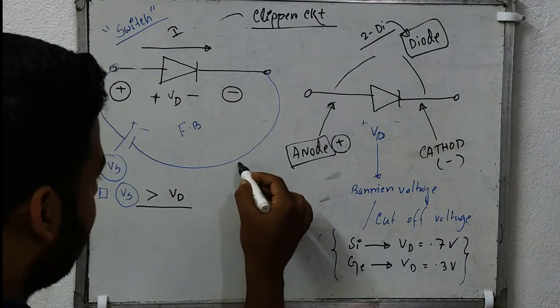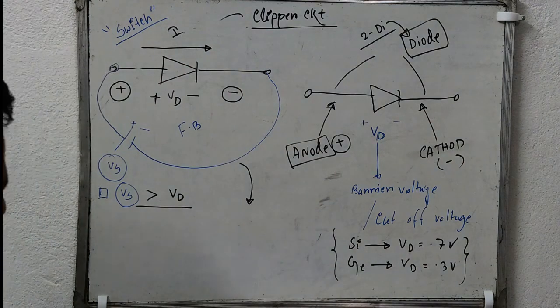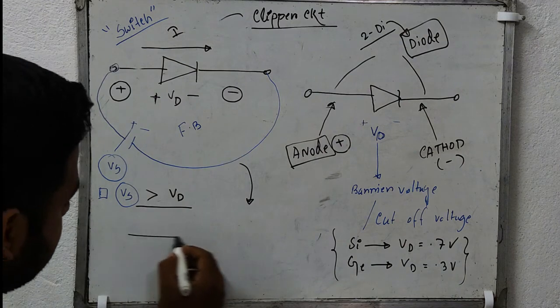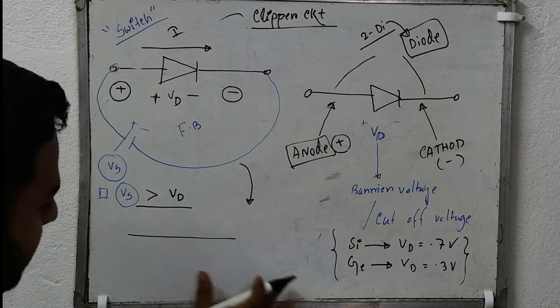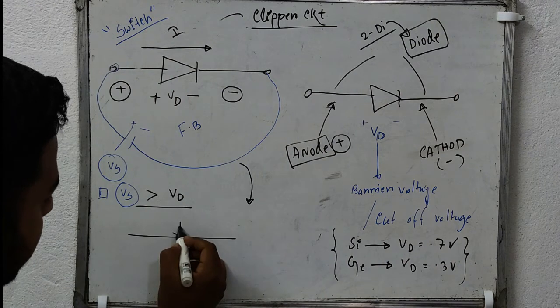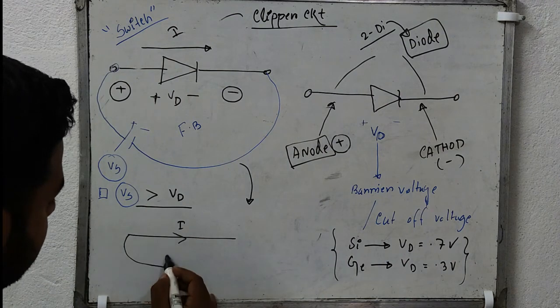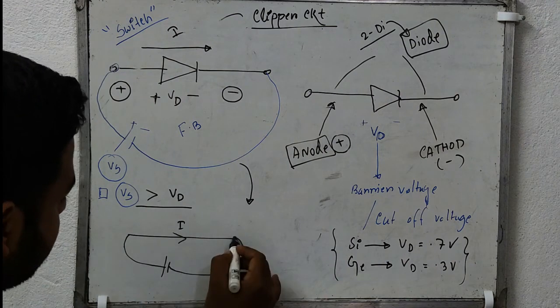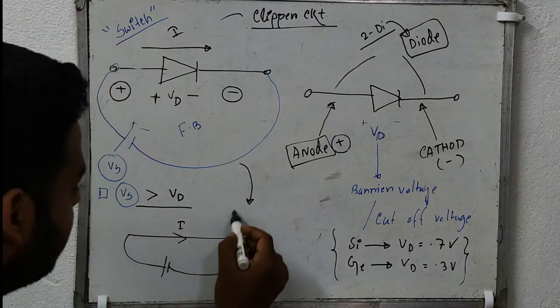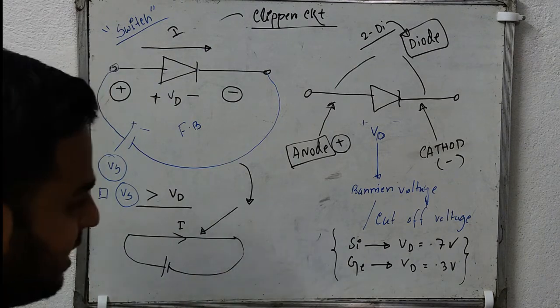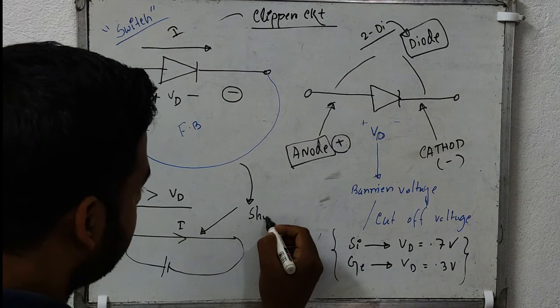So in that case the equivalent circuit is a simple path, current is flowing, and this path is connected through a battery. That means the diode is acting as a short circuit.